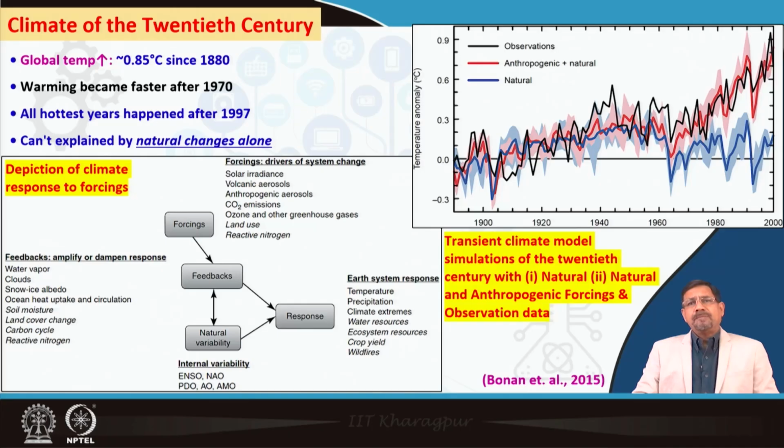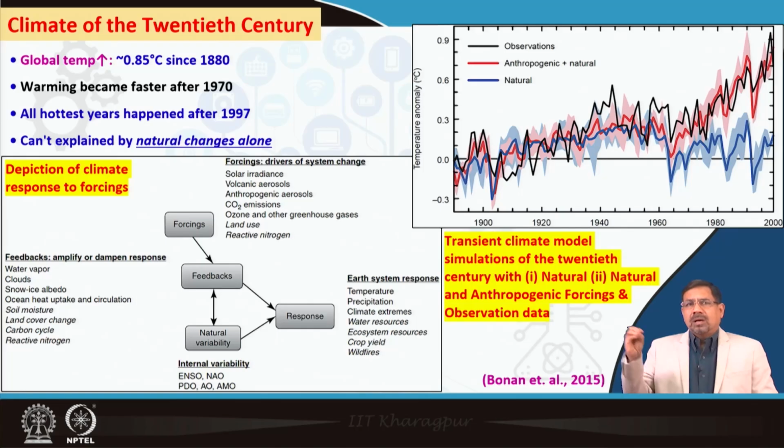So, if we delink the anthropogenic and only take the natural, the blue one, the natural causes of climate change explain lesser warming in terms of temperature anomaly.